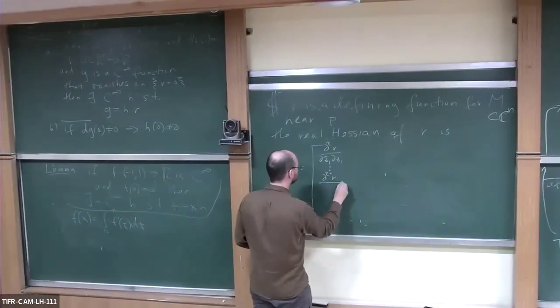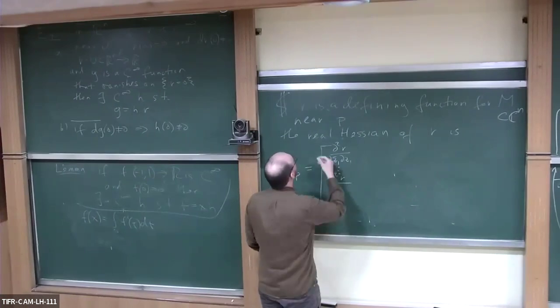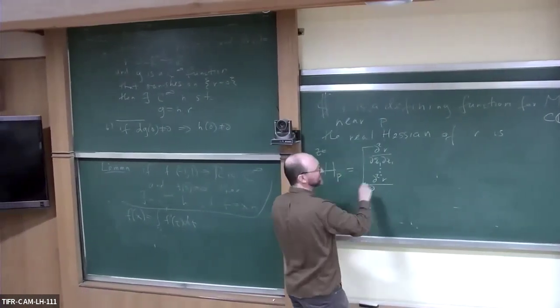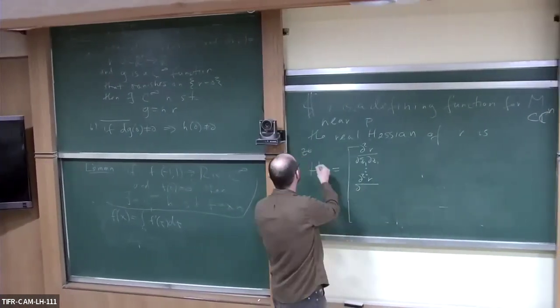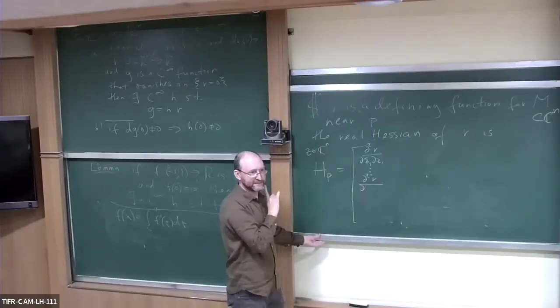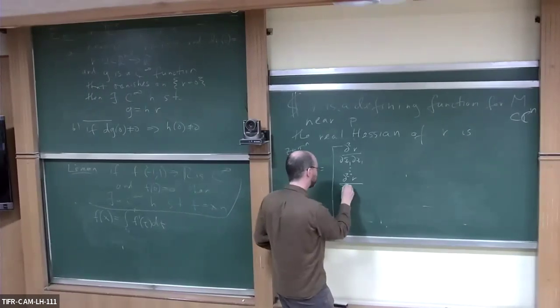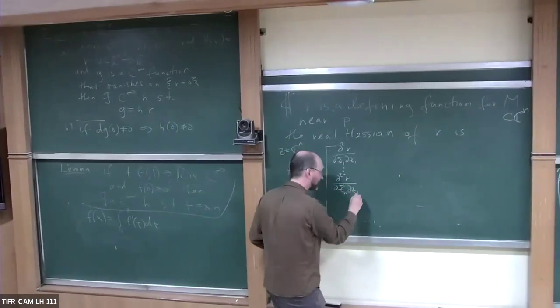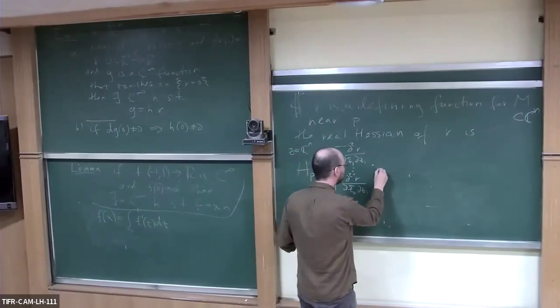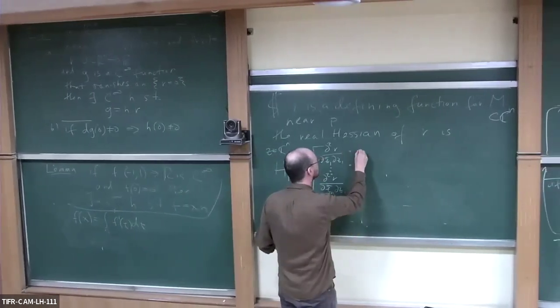So now, because we're not in that special setting, I'm thinking of Z as in Cn, right? So I have D bar 1, and I have this matrix here, right?